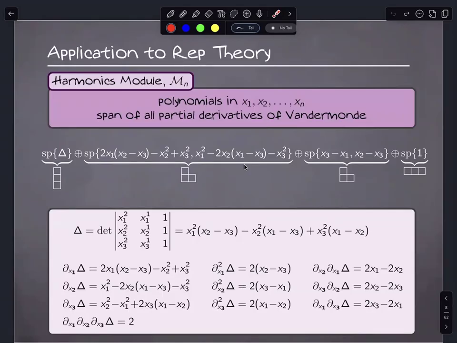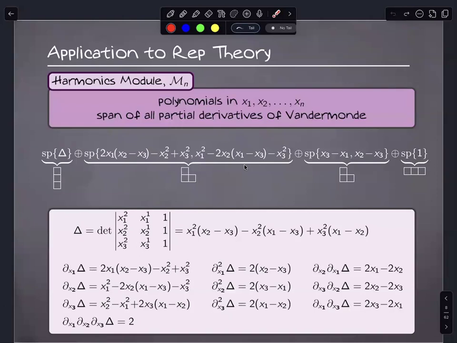As an SN module, you can decompose it into its irreducible pieces, each one indexed by a partition, because that's what indexes the irreducible representations of SN. So if you're interested in an SN module, you really just need to know how many times the representation associated to that partition occurs in my SN module.